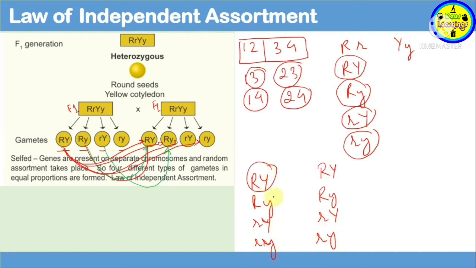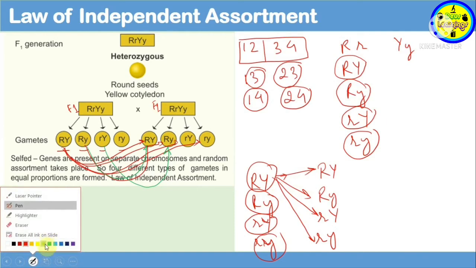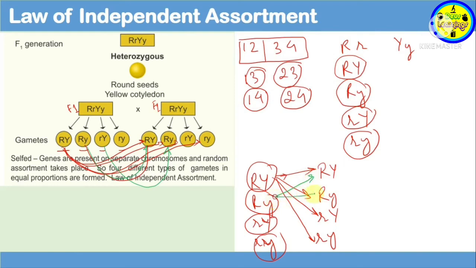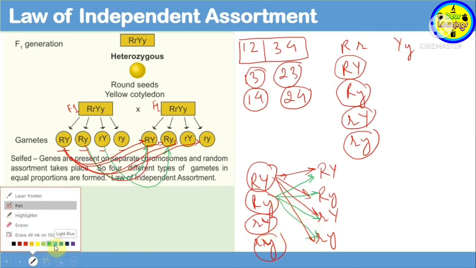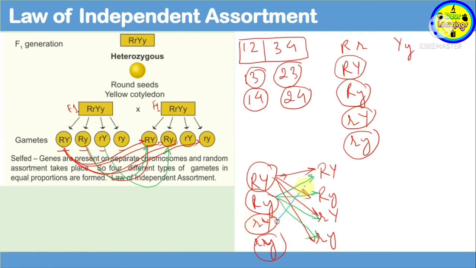You can see that each gamete is independent. This gamete has full independence to fertilize with this one, the third one, or the fourth one. Similarly, the second gamete has full independence to fertilize with this one or the fourth one. The third one also has full freedom to fertilize with the first, second, third, or fourth one.